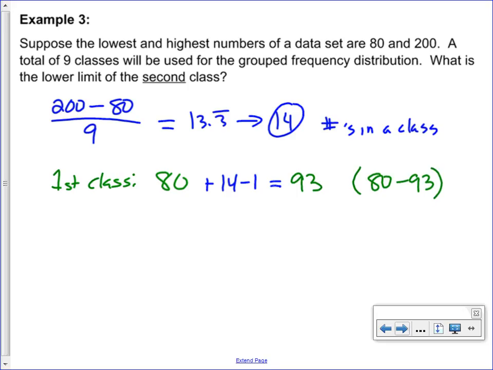So that's easy. The lower limit of the second class would have to start at 94. There you go. Because the only thing that we need is the 94, just the lower limit.